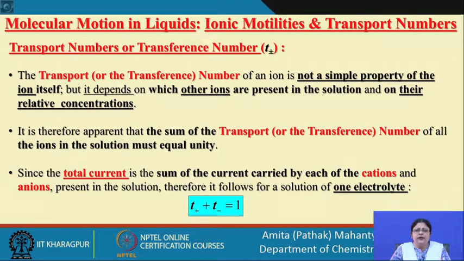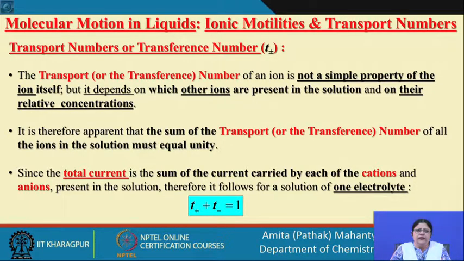Since each of the ions is carrying a fraction of the current, like the total current if I say is 1, then if I have positive ions carrying a part of the fraction and the negative ions carrying another part of the fraction, then the total ion current which is carried should be the sum of the contributions of each of the ions which is present.